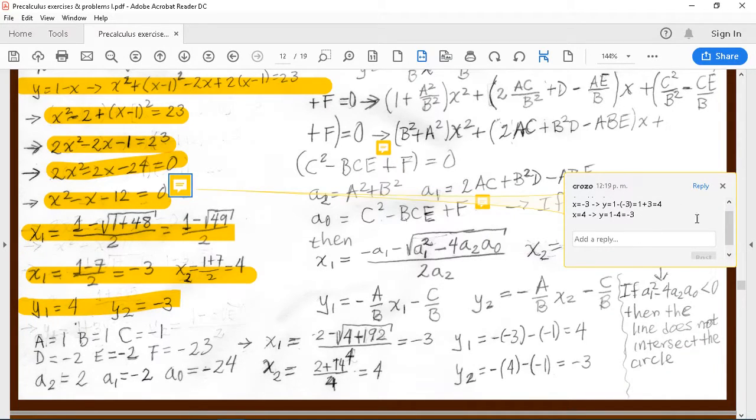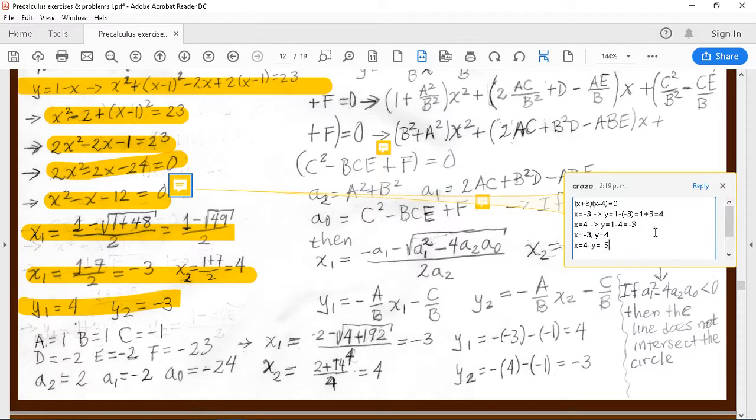So our solutions are x equals minus 3, y equals 4, and x equals 4, y equals minus 3.